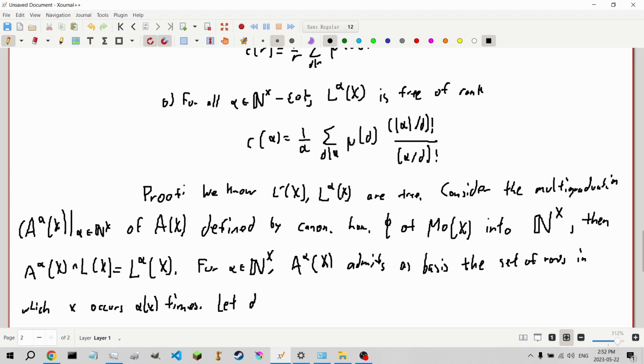Let d_α essentially count these words, so it can be the rank of, I'm assuming that's supposed to be A_α(X).